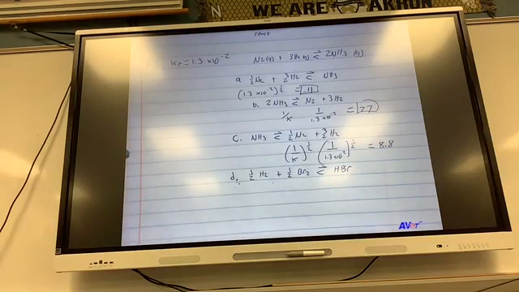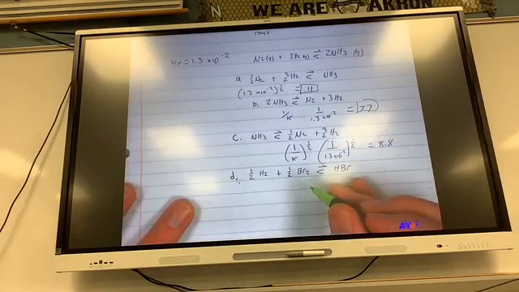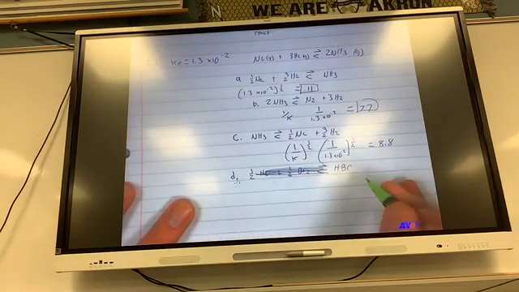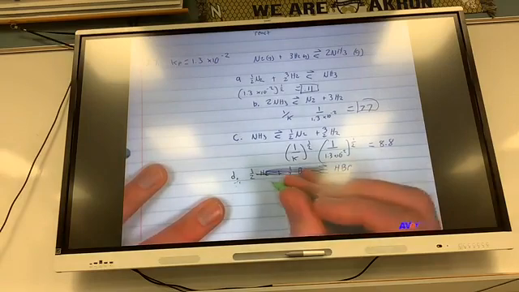So on this one, I'm dividing everything by 2. Wait a second, how is this? Oh wait, no, this is weird. Am I on the right question? Nope. That's why. Wow. I'm at the wrong question. On this one, I was on the wrong question.